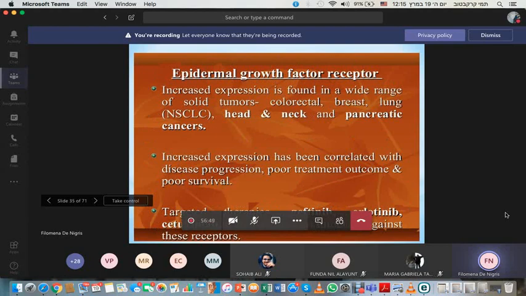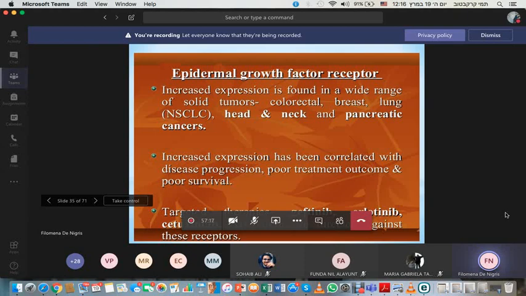EGFR, epidermal growth factor receptor, is again a receptor for growth factor. Non-small cell lung cancer, head and neck cancer, also pancreatic cancer can express this receptor constitutively. This means that this receptor is always activated, and the cells grow very fast.